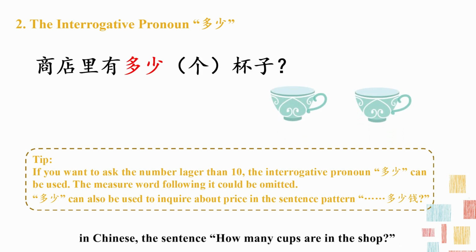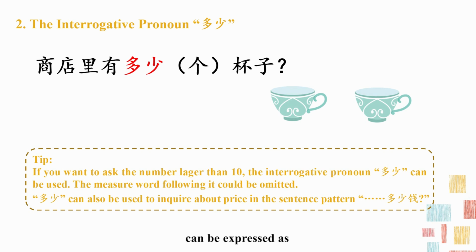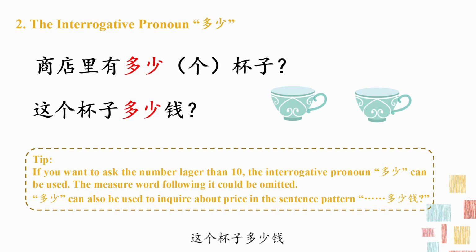For example, in Chinese, the sentence "How many cups are in the shop?" can be expressed as 商店里有多少个杯子？ or simply 商店里有多少杯子？ 多少 can also be used to inquire about the price using the sentence pattern 多少钱？ For example, 这个杯子多少钱？ how much is this cup?